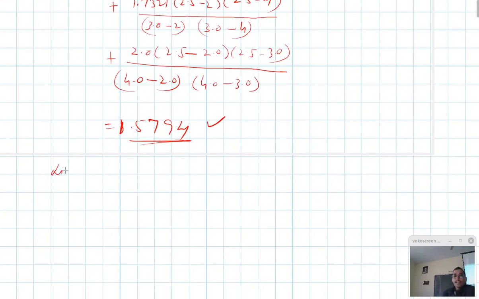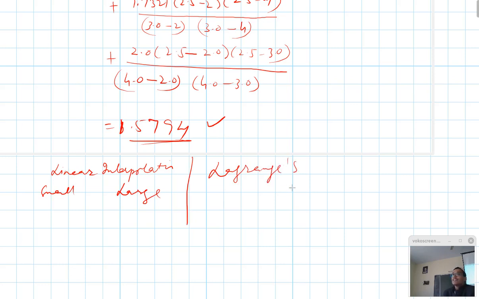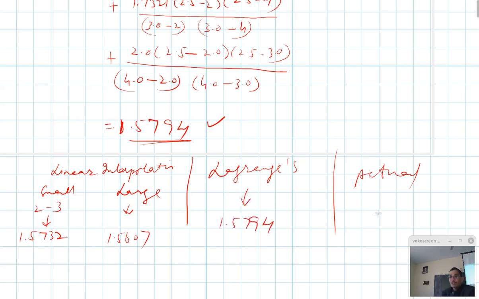Let me compare this result with earlier results. Earlier I did linear interpolation using small interval and large interval, and here is Lagrange's method, and the actual answer. For the small interval 2 to 3 our result is 1.7532, for the large interval 1.5607, and Lagrange's method gives 1.5794, while the actual answer is 1.5811.